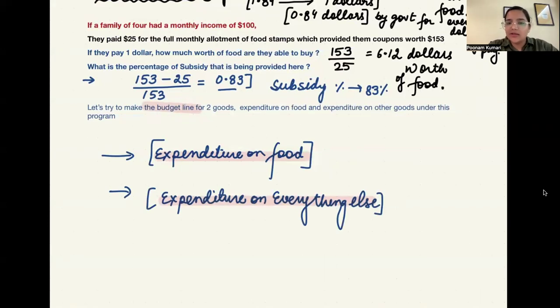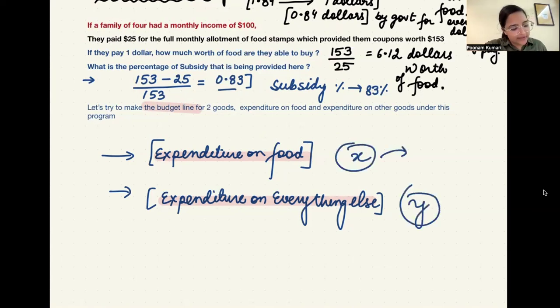That means my good is not how many units of, let's say, roti I'm consuming. No, that is how much money I'm spending on food. And my second good is how much expenditure I'm doing on all the other things. So this is, let's say, my good X, and this is my good Y. And X is in terms of rupees, and Y is also in terms of rupees. All right? Dollar, ma'am. Yeah, dollar.